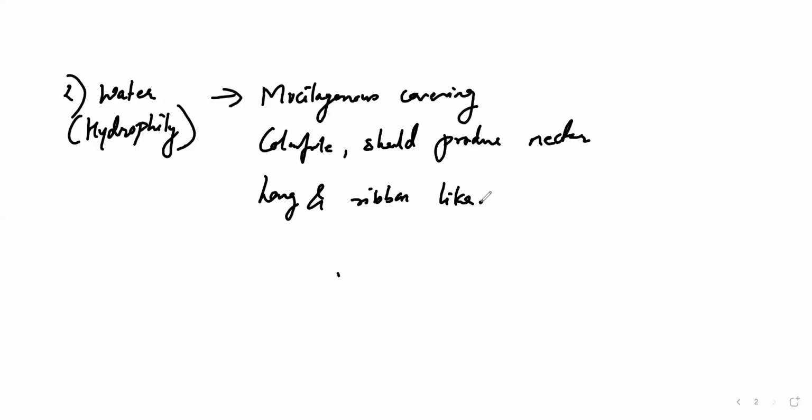Then the next one is pollination by animals. Depending upon which animals are going to pollinate that particular flower, on that basis the types of pollination are termed.